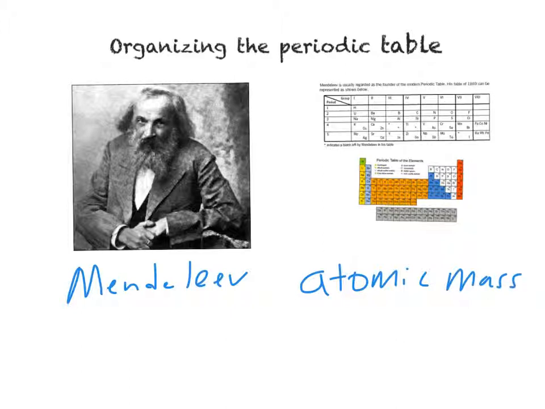The change in the mass of the elements was said to be periodic, thus creating the periodic table of the elements. In addition to atomic weight, elements were also arranged by chemical properties.